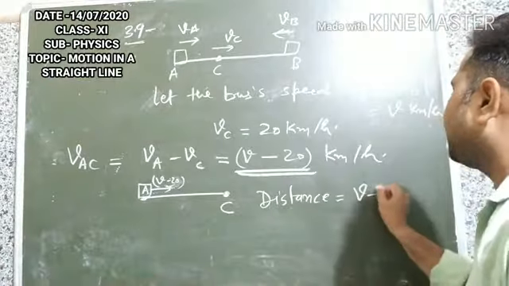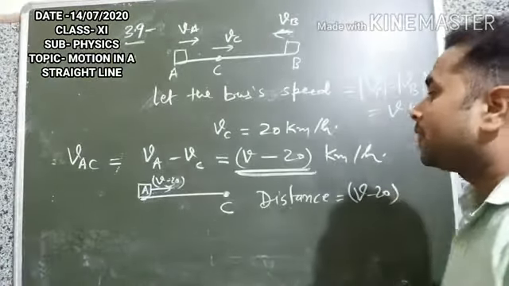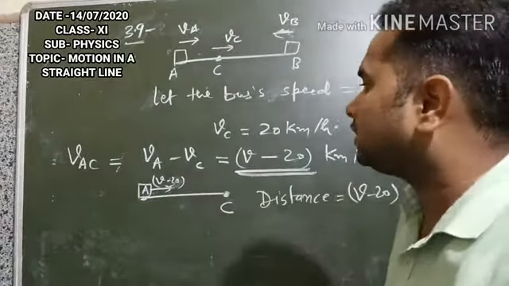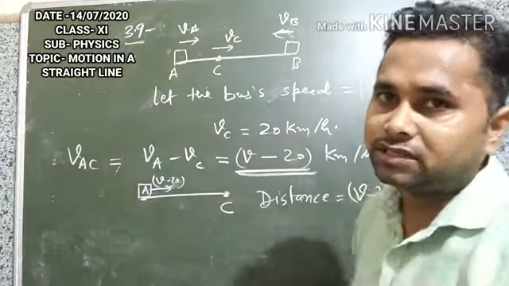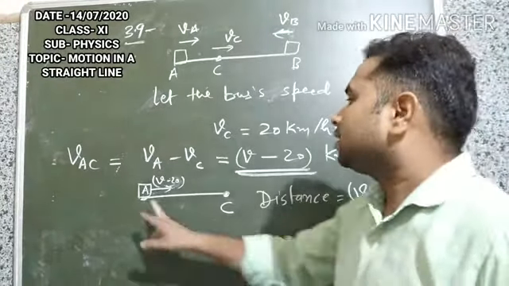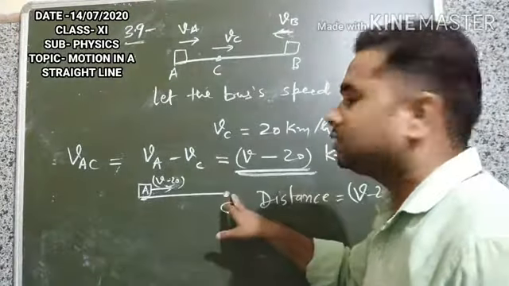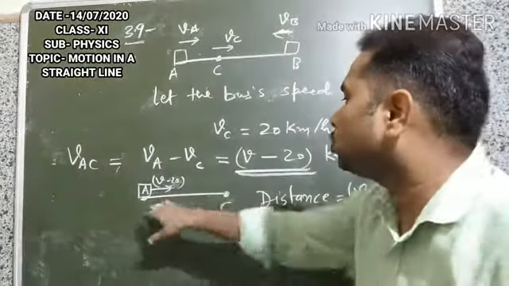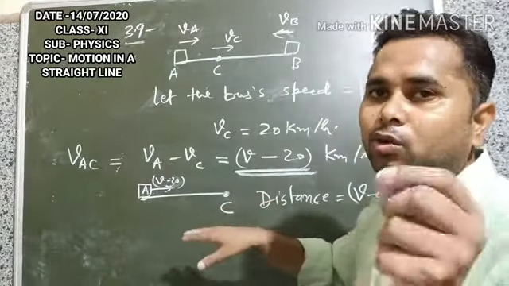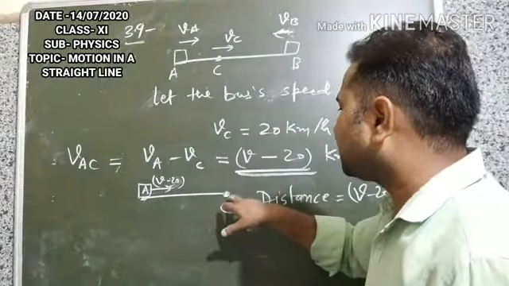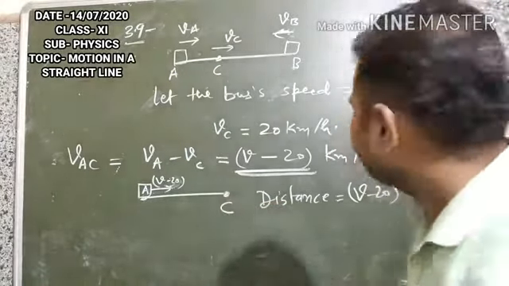Speed V minus 20 and time, as given, there is a time interval of 18 minutes. In 18 minutes a bus overtakes the cyclist, or goes past this cyclist here.